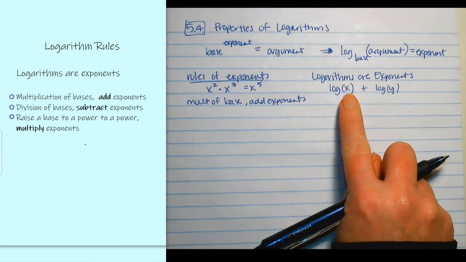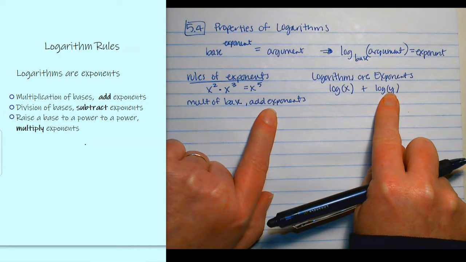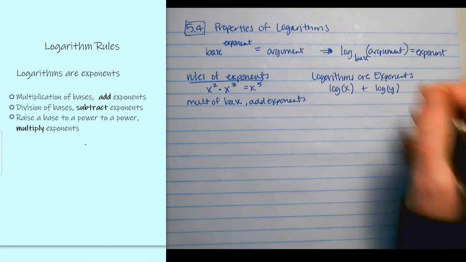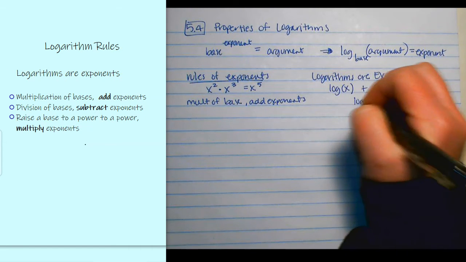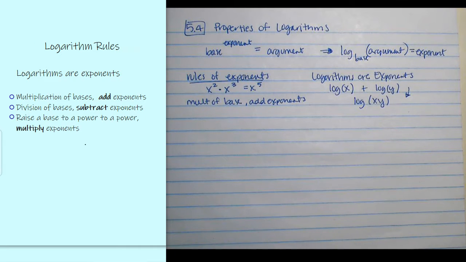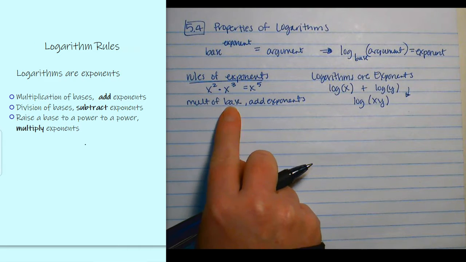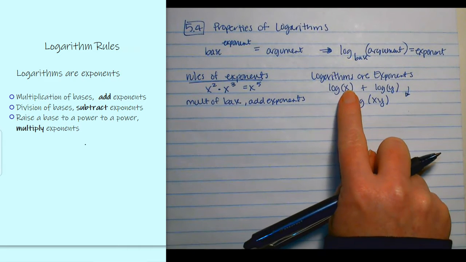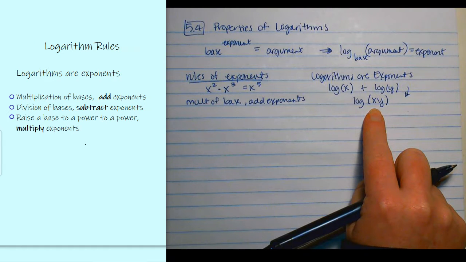If we see addition, add exponents, these are logarithms, there's 2 of them, they're added, then we can go vice versa and combine them to say that this is log still base 10 of x times y. So addition and multiplication go together. The order is important. So we're talking about multiplication of the base here. This time we're talking about the addition of the arguments. It means that we can multiply the arguments together.